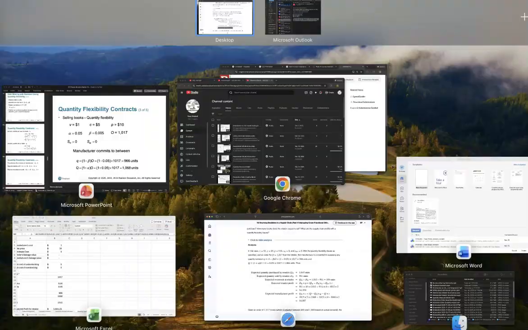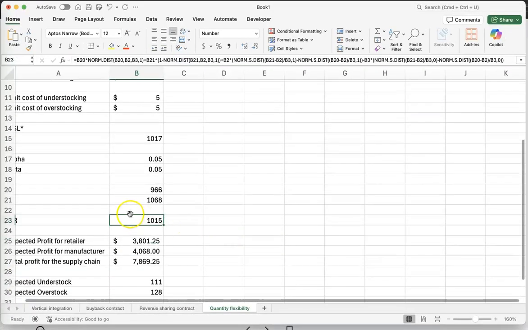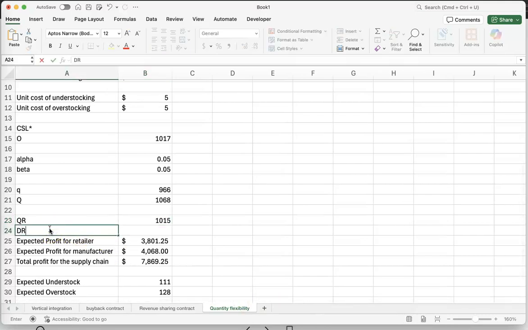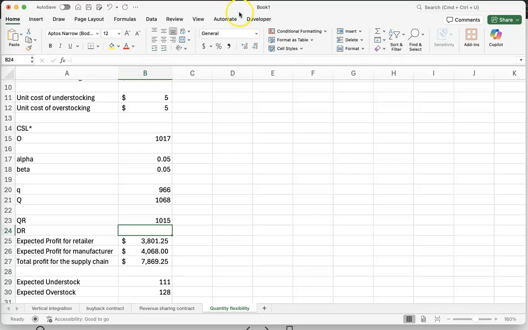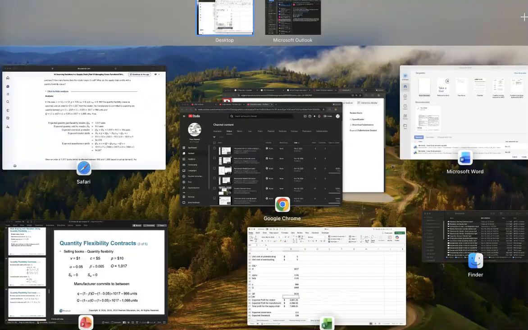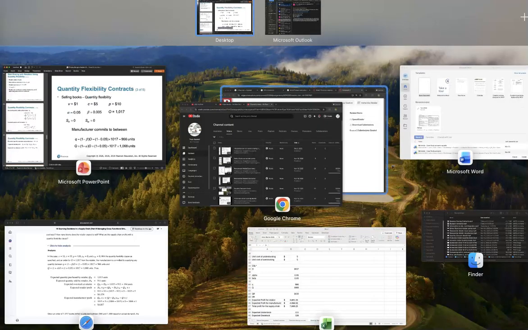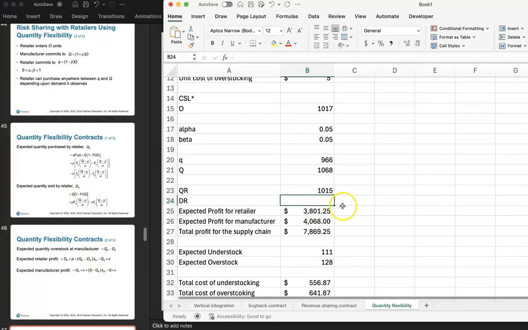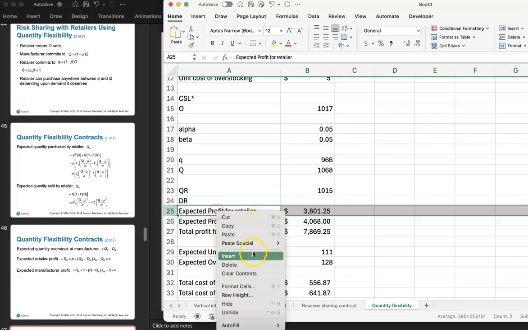So we can calculate DR similarly. Let's calculate DR. That's the formula for DR. So let's put that in.